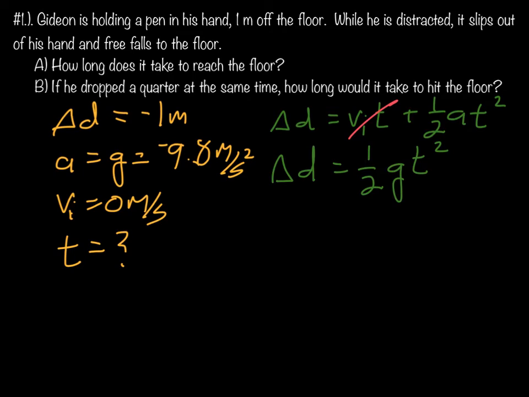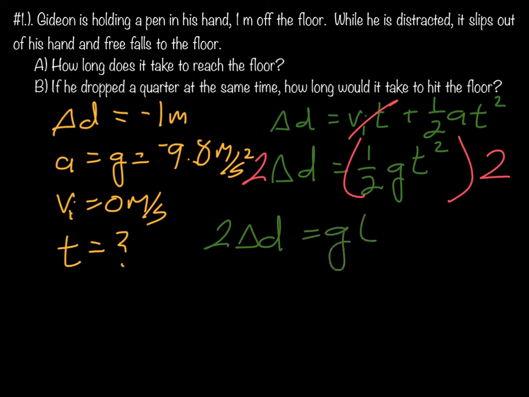So the first thing I need to do is move my 1/2 by multiplying both sides by 2, and that gives me 2 times delta D equals gt squared, because when I multiply by 2, the 1/2 and the 2 cancel out.